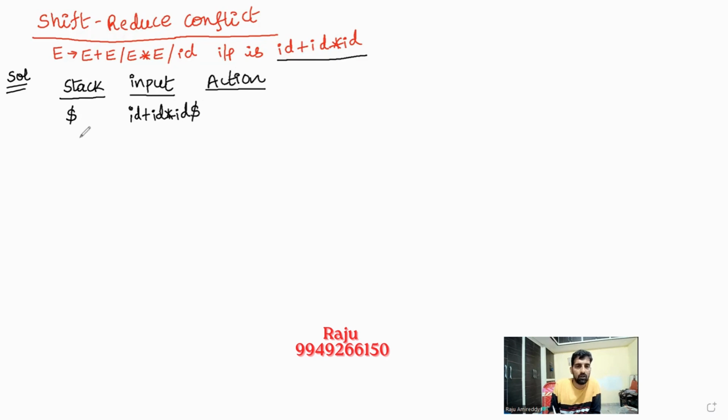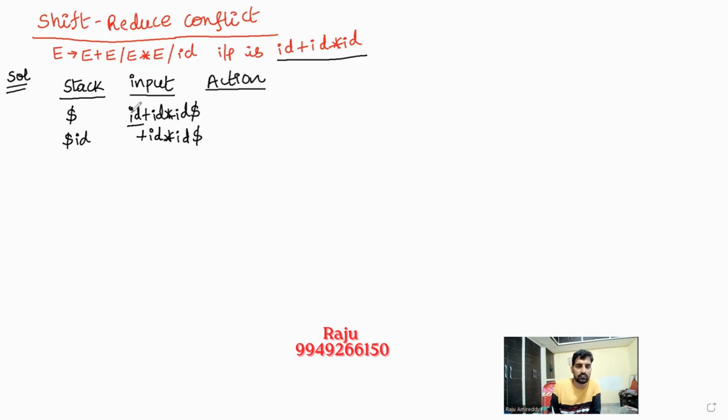Now the input value will be sent to the stack. The first input value is ID, so I will send this ID to the stack. After that, the remaining input is plus ID star ID dollar.